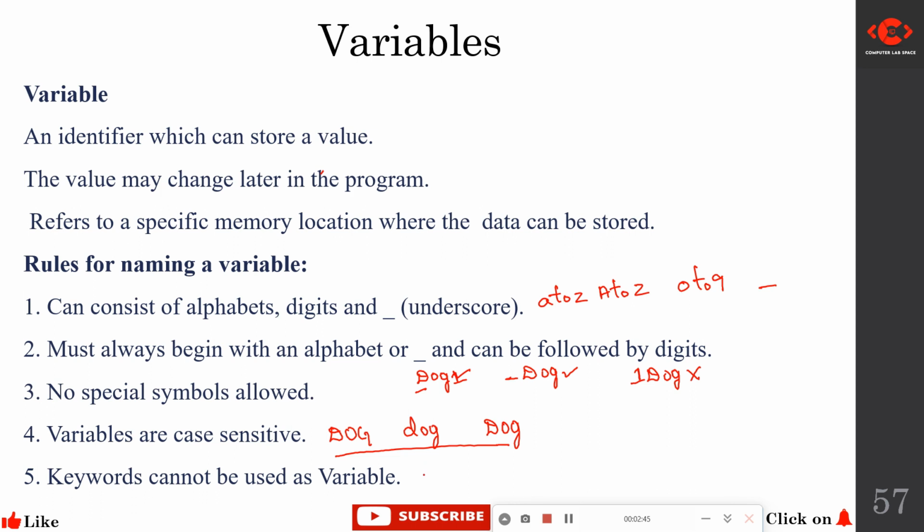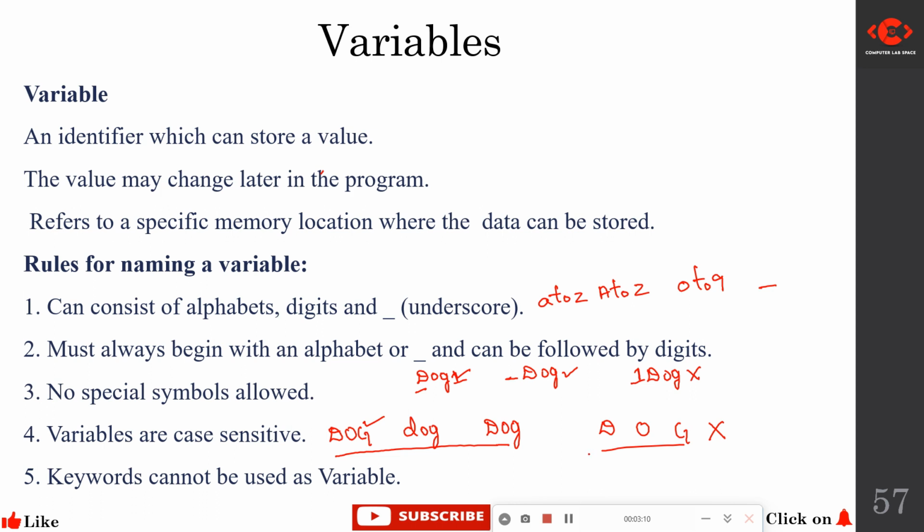And no white space is going to be allowed in between the variables. For example, if I write dog continuously like this, it is fine. Otherwise, if I take D space O space G, this is not a valid variable. So no white space is going to be allowed or used in between the letters or the alphabets.